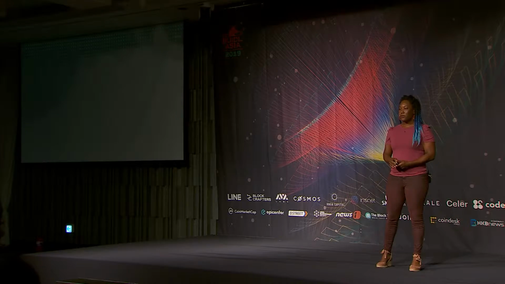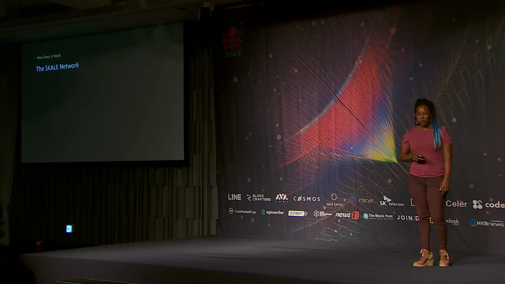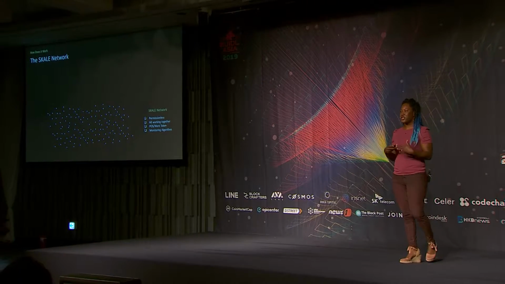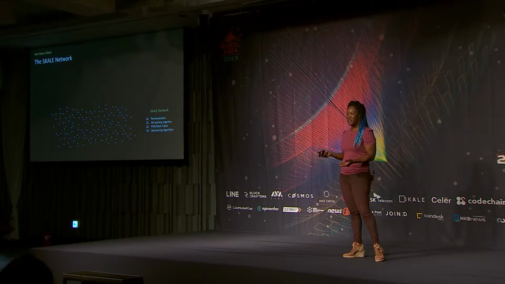So what does this look like? Well, the SKALE network, how does it work? Essentially, you're all familiar with Ethereum, where we have decentralized nodes that are operating to process transactions. Layer 2 solutions work in a very similar way.